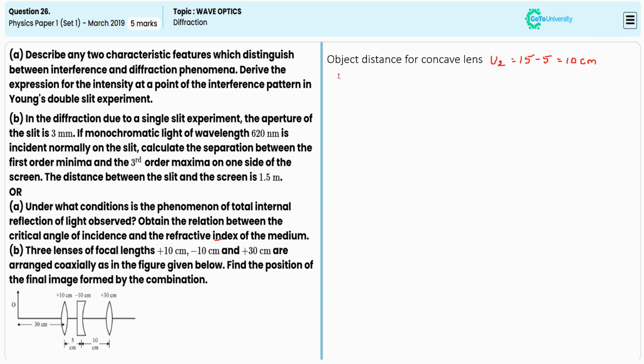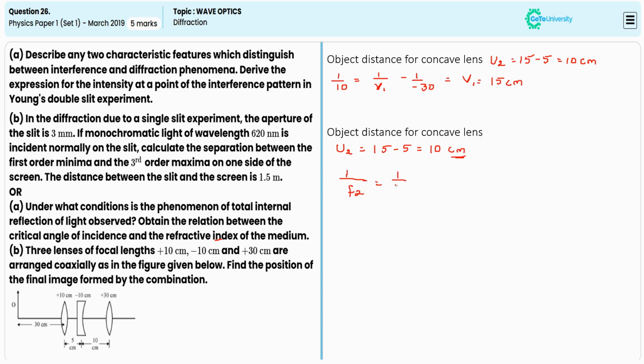Then 1 upon f2 is equal to 1 upon v2 minus 1 upon u2.